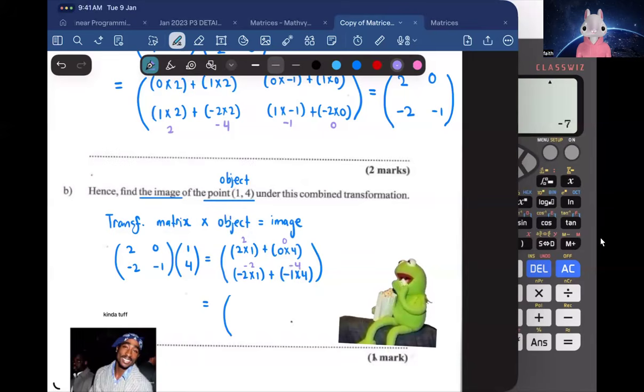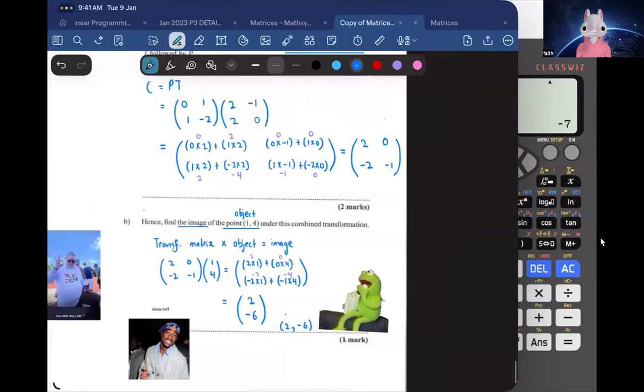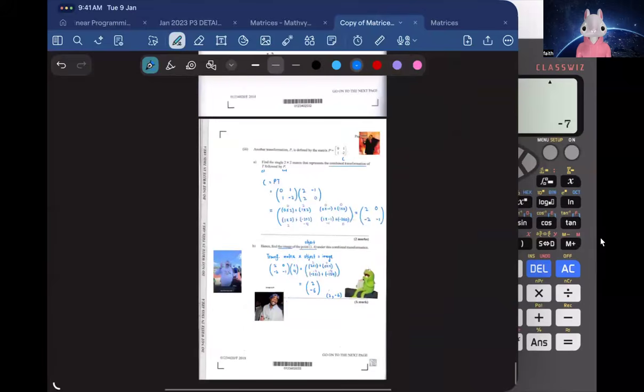So 2 plus 0 is 2, minus 2 minus 4 is negative 6. And that's your answer. So the image will be 2, comma, minus 6. How you feel about that? Good. So that's it for matrices. We covered everything in matrices.